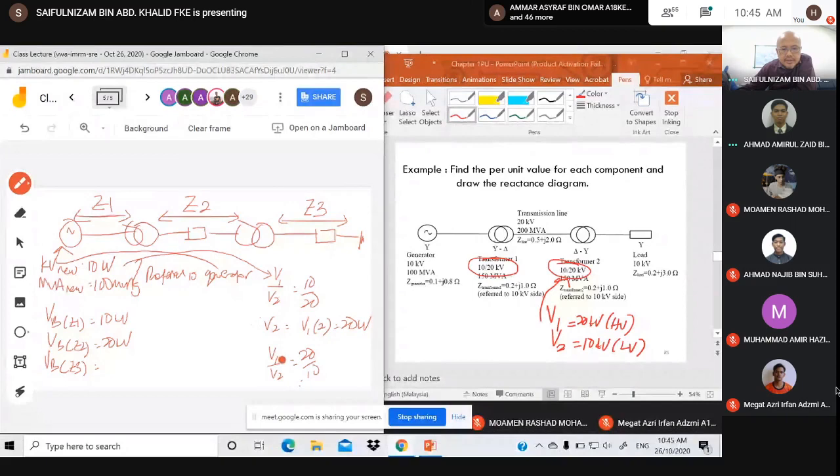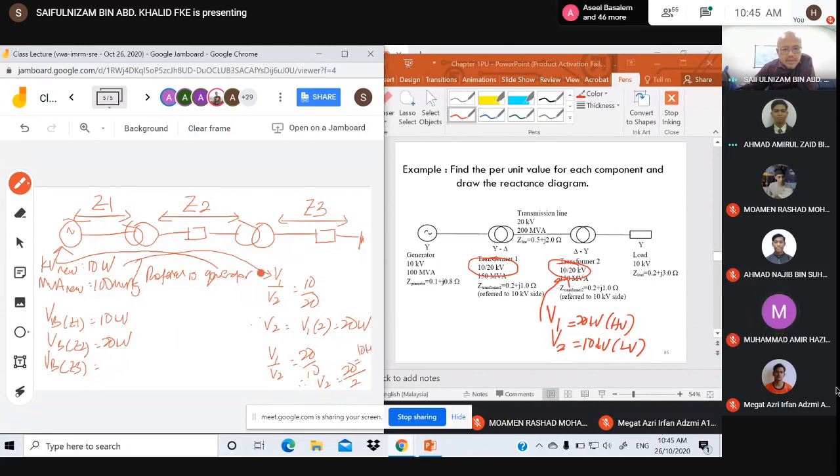So V2 equals V1, which is 20 kV, divided by 2, right? You get 10 kV.